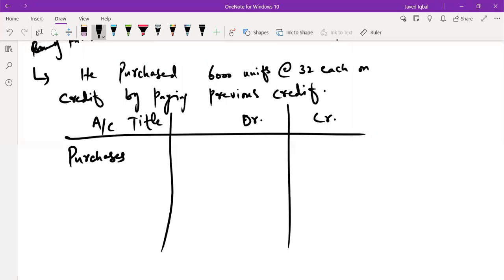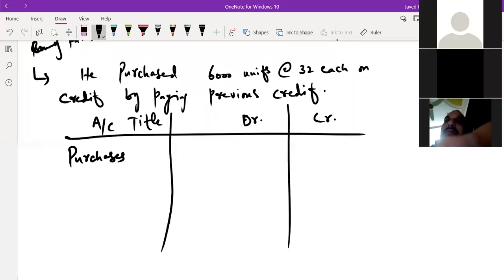The last transaction was that he purchased 6,000 units at 32 each on credit, by paying previous credit. So 6,000 at the rate of 32 makes purchases worth 192,000, and they are on credit.